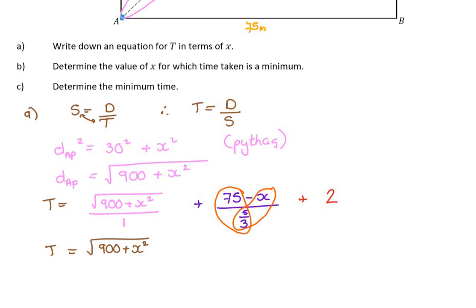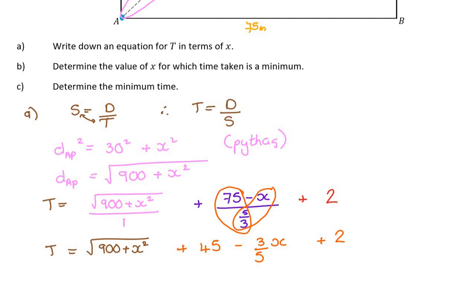If you divide 75 by 5 over 3, basically you're multiplying by 3/5. I hope that makes sense, because it's tip and times. So I get 45. And again, when you divide by 5 over 3, you multiply by 3 over 5. So this is 3 over 5 x. I hope that makes sense. And then there's the plus 2. So there we go. There's an expression for my time.